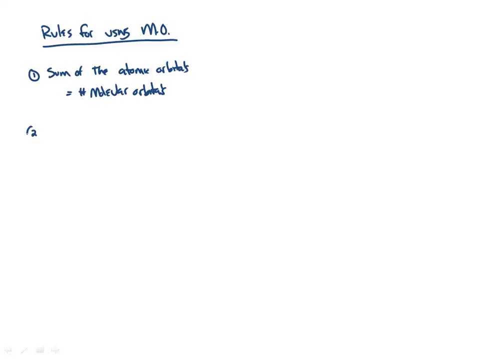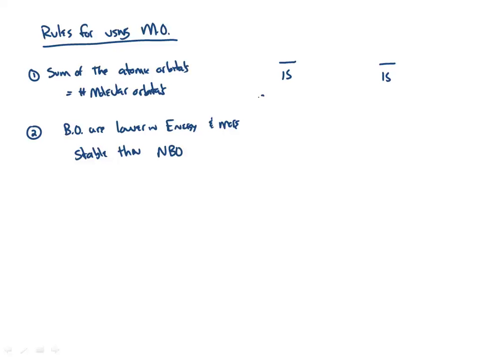So the other thing is that we said that bonding orbitals are lower in energy and more stable than non-bonding orbitals. So when we said, for instance, if I mix a 1s orbital from one atom and a 1s orbital on the other side, each is an atomic orbital.